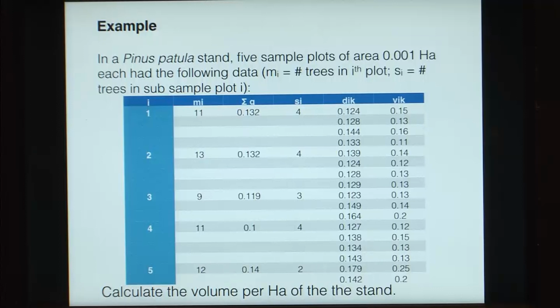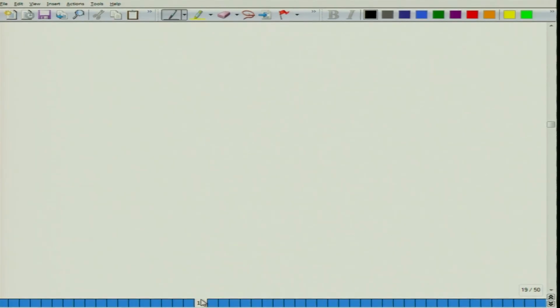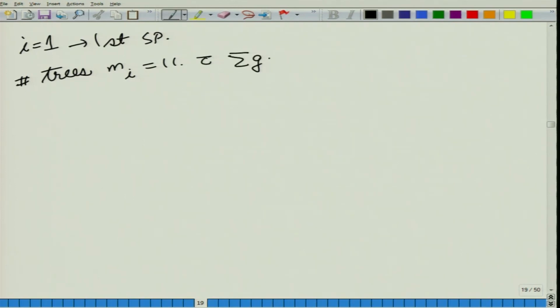So, now how do we figure out the volumes of these? Let us do it. For i equal to 1, for the first sample plot, you have number of trees Mi as 11 with the sum total of the basal area as 0.132 square meter.